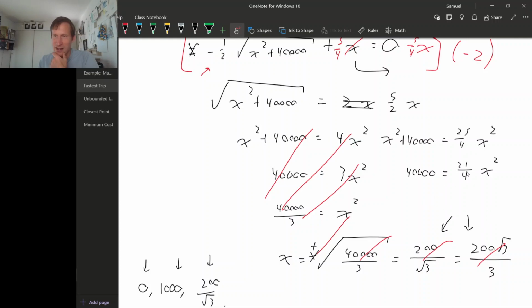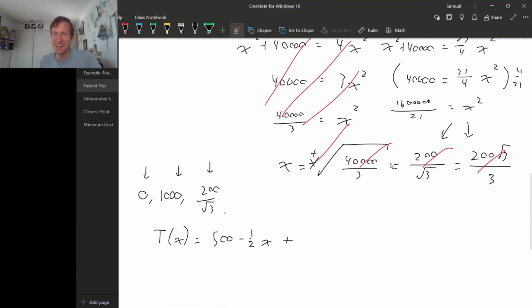And then multiply both sides here by 4 over 21, and we're going to get 160,000 over 21 equals x squared.